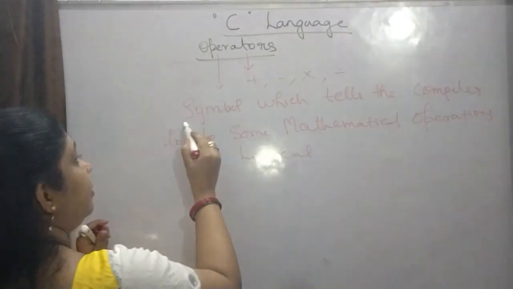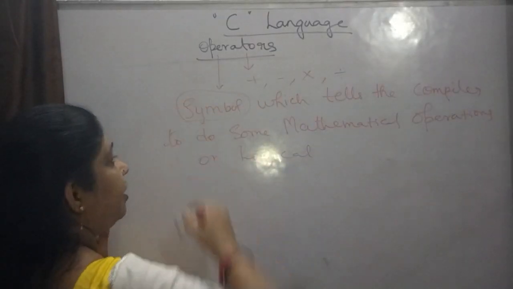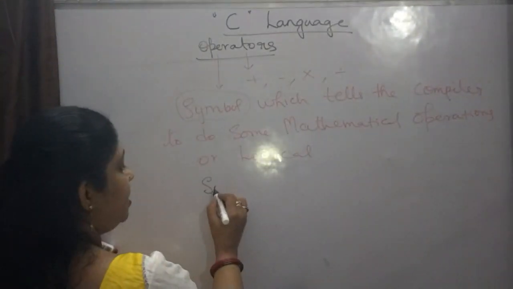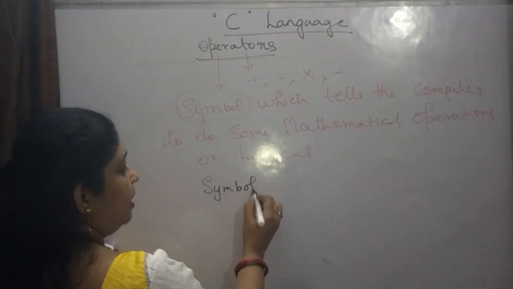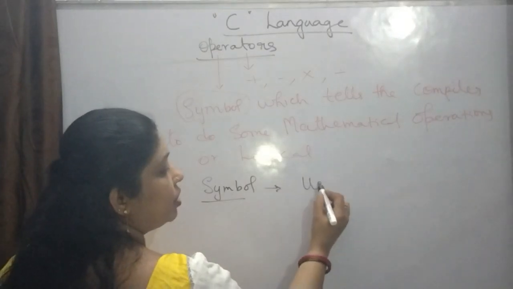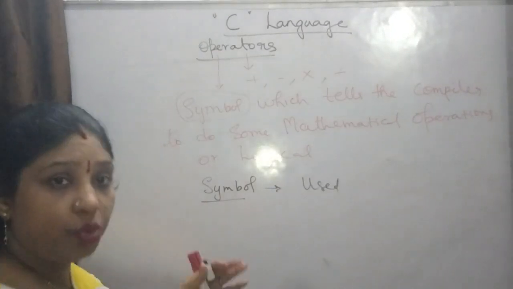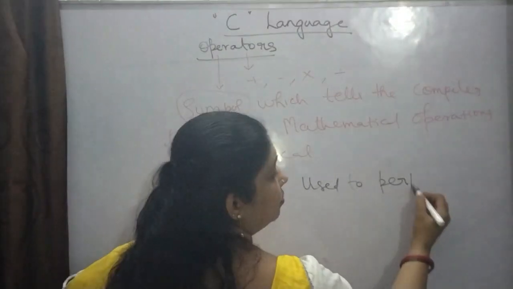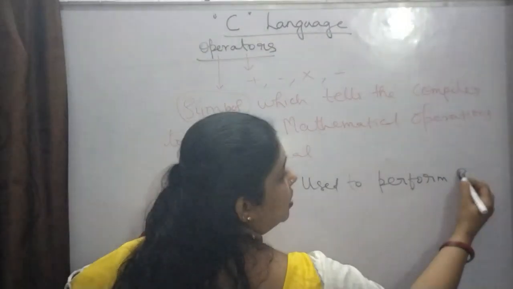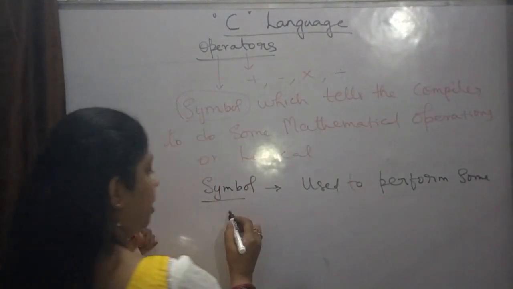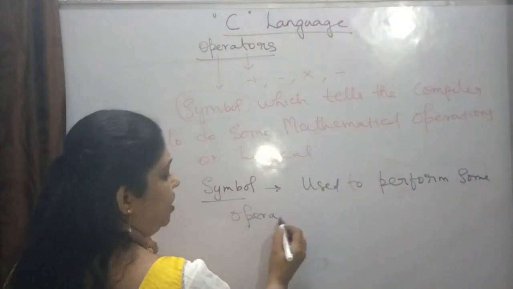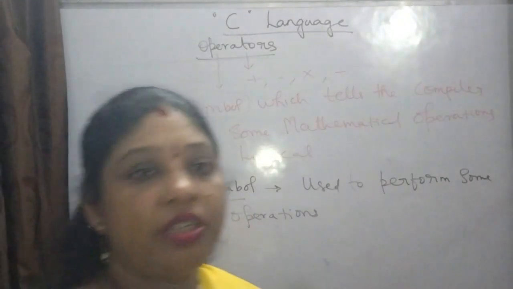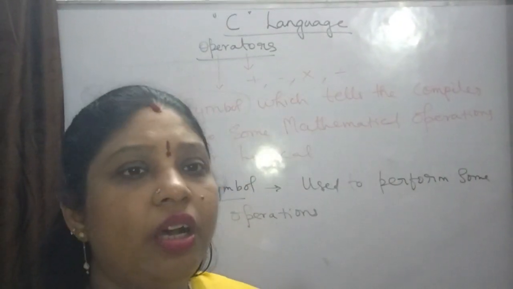Now here, can you see, I have written symbol. Now what is the symbol? This symbol is used to perform some operations, whatever it may be, not only mathematical operations but other operations like logical operations.